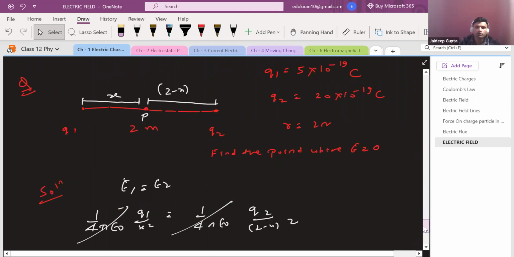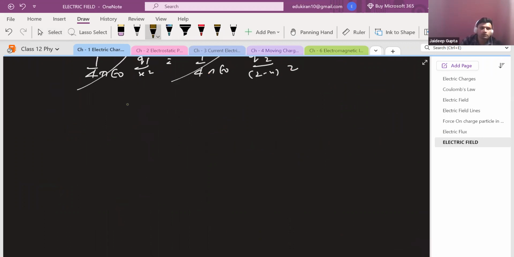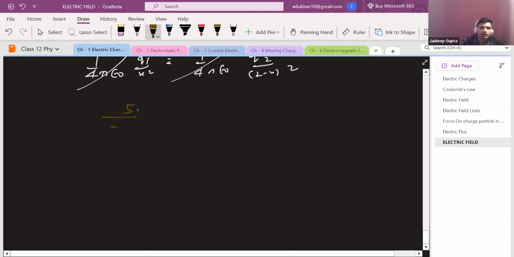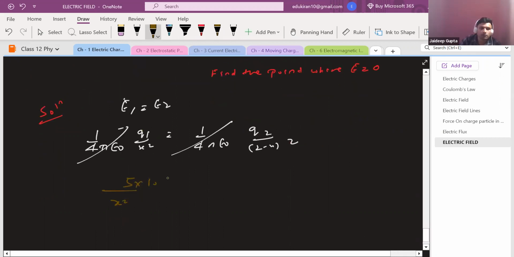Now Q1 is 5 into 10 to the power minus 19 over X square, and Q2 is 20 into 10 to the power minus 19 over (2 minus X) square.